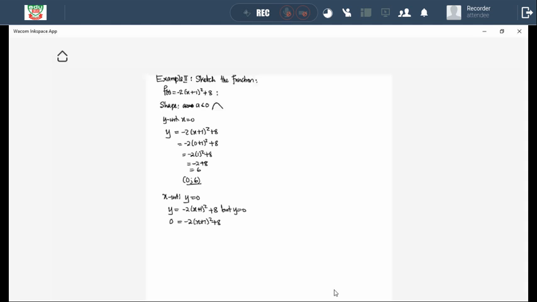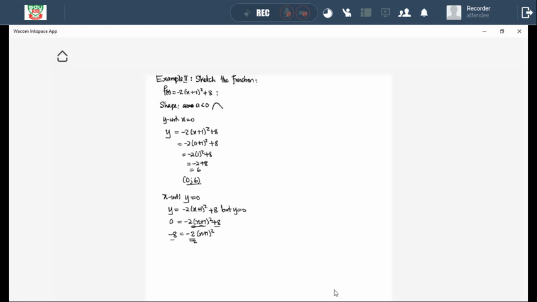I can transpose the 8 to the other side, so it becomes -8 equal to -2 in bracket x plus 1 squared. I'm trying to make x the subject. Whichever way, it will be the same thing.